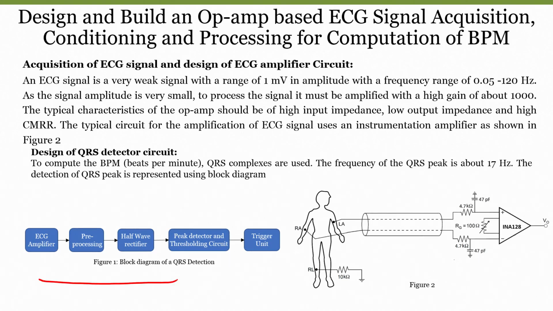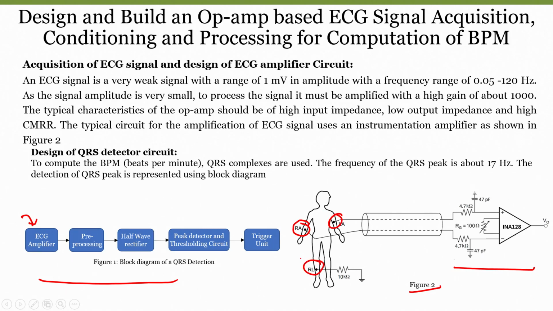First, to the patient's body we connect ECG electrodes, and using connecting ECG wires, we connect them to an instrumentation amplifier. The electrodes are placed in such a way that one will be on our right arm, the other on our left arm, and the right leg acts as the ground.